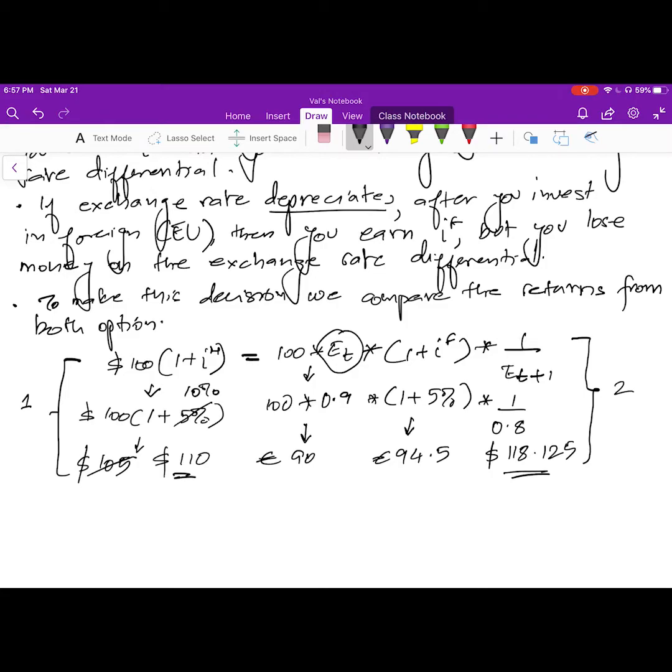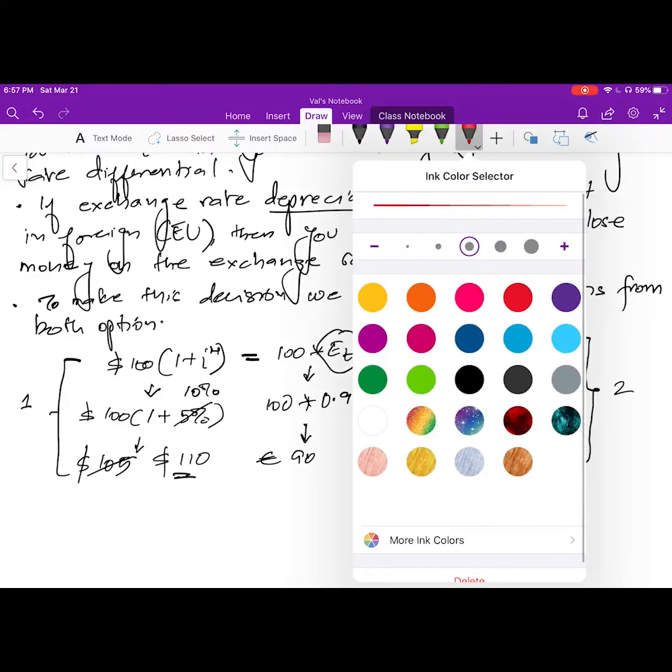Here's the problem with this, okay? The decision is super easy because you know what the future exchange rate is. You know what ET plus 1 is, right? But what if you didn't know what ET plus 1 is?